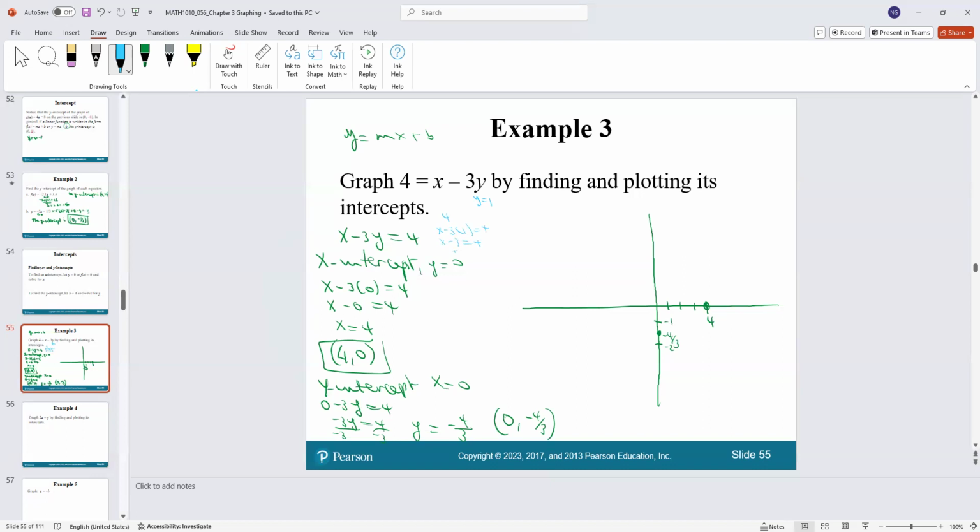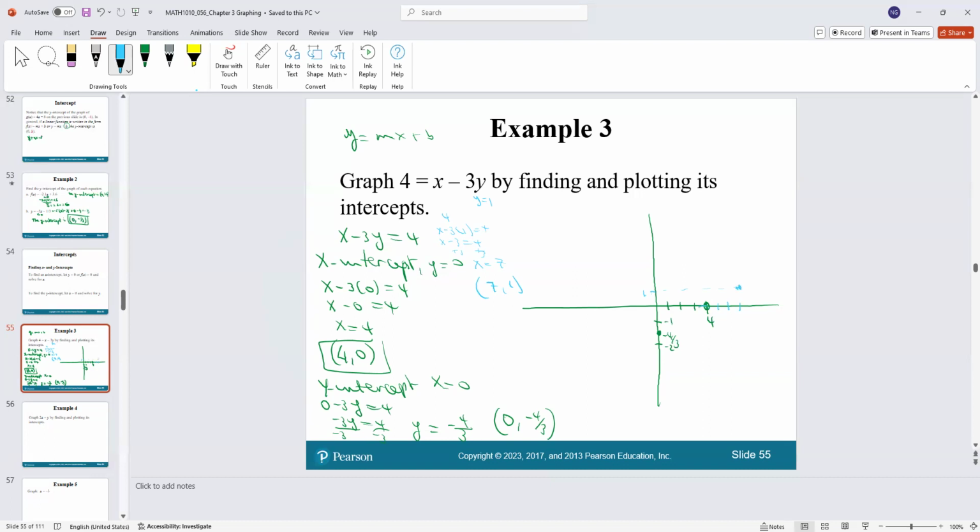If we add 3 to both sides, x would be equal to 7. So we can have a point again, (7, 1). So meaning when x is 5, 6, and 7, y would be 1.